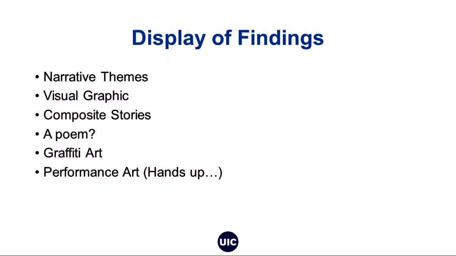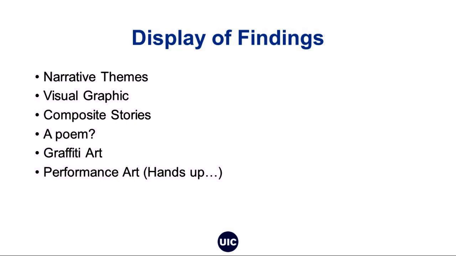She had a visual depiction of what emerged across 31 stories. In our precarious work study, we've been developing composite stories because our themes aren't a great way to have a discussion with community members, but if we can talk about a story that really illustrates the findings, that can be a better way of communicating our findings.